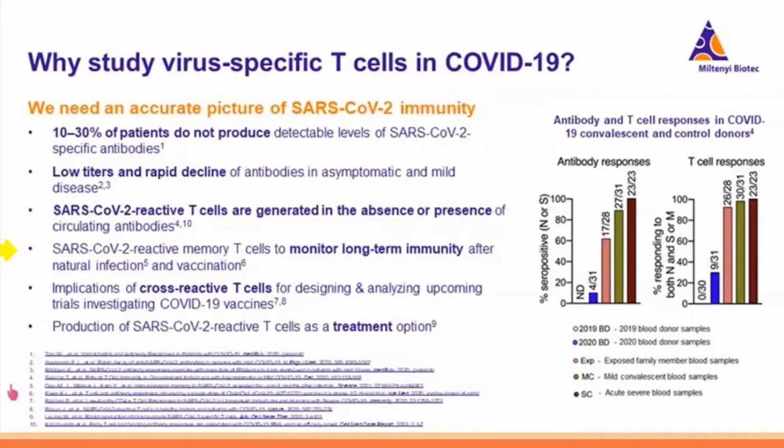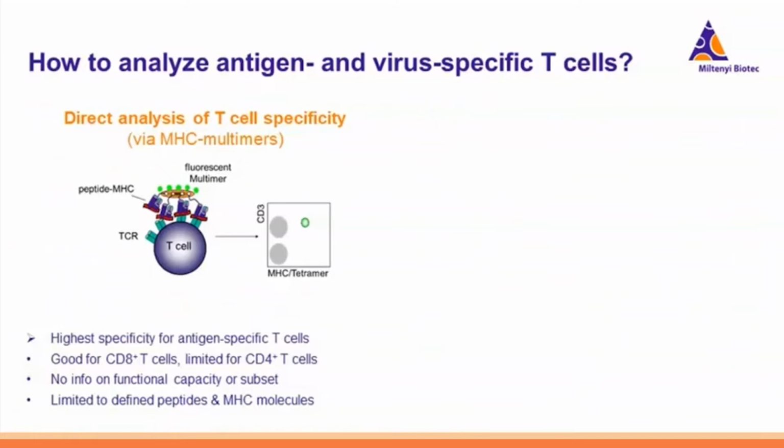In regard to vaccine development, it is also important to study the implications of cross-reactive T cells for all the upcoming clinical trials that investigate the efficacy of the novel COVID-19 vaccines. And last but not least, SARS-CoV-2 specific T cells can be generated as a treatment option, for example, in adoptive cell therapy.